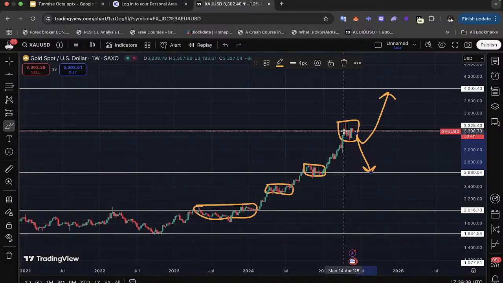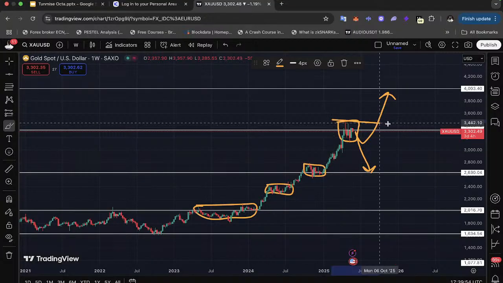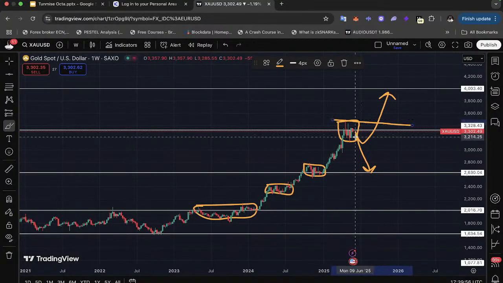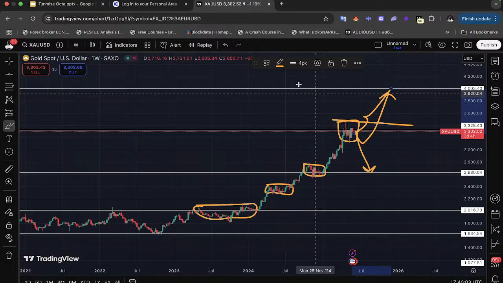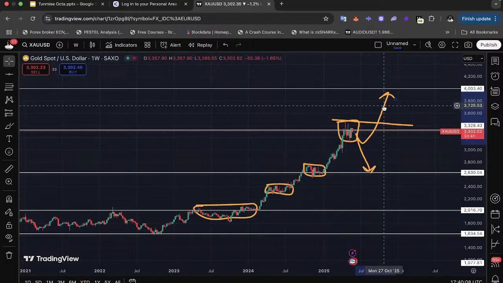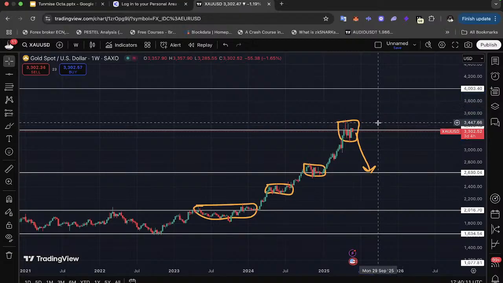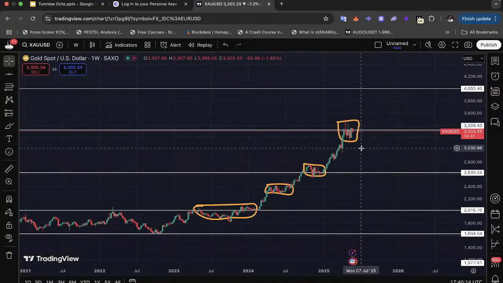On this level, based on how gold has been swinging high after every sideways movement, we might want to position for a buy by looking to buy above this level. If gold comes outside this level and closes above it, then you are looking to buy. But if that's not the case, then you want to stay out of gold. And if you are going to be trading gold, you need to have good capital to trade gold.